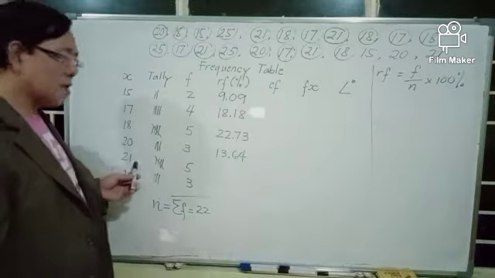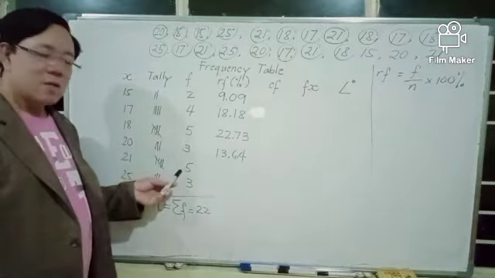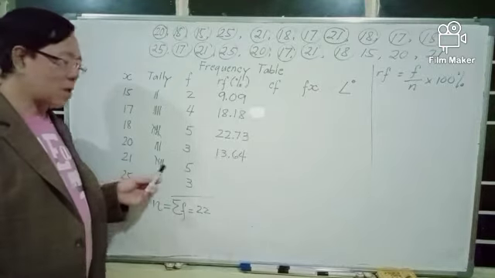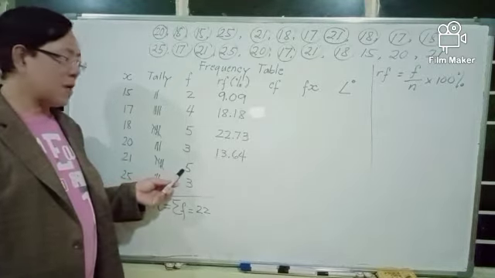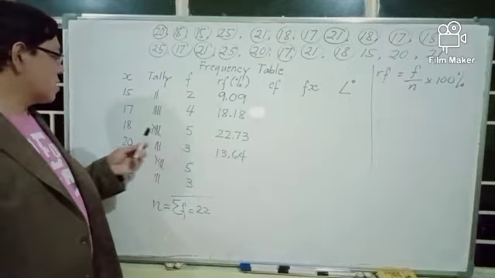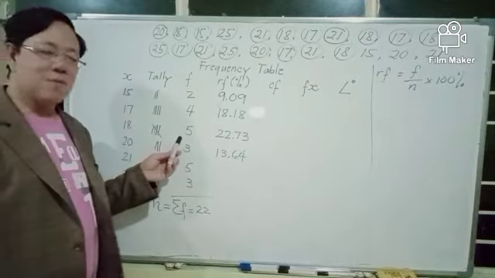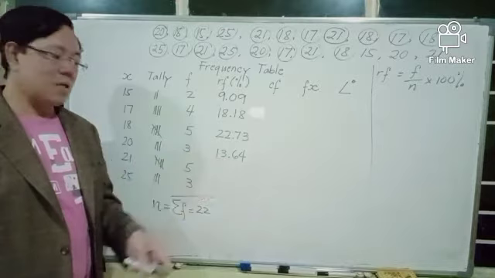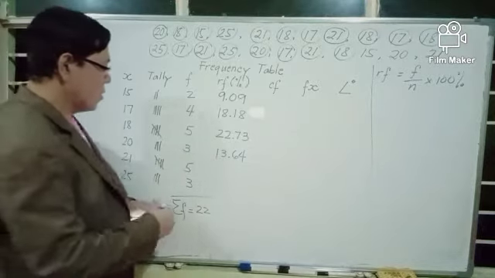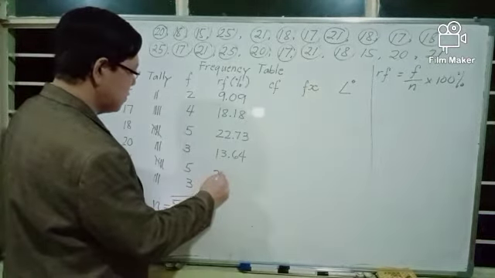The relative frequency of 21, with a frequency of 5, is the same as the relative frequency of 18 with the same frequency of 5, 22.73.